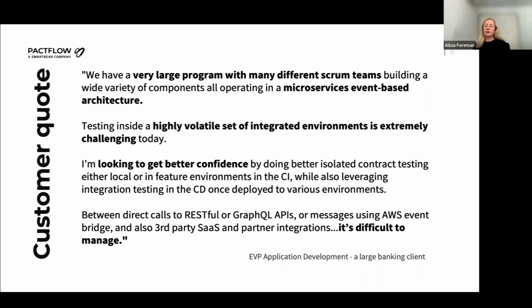From the outside, it's functioning really nicely for those end users, but on the inside, a little chaotic. To make that experience great for those end customers, this particular client has a really large program of many different, sprawling teams, all trying to build different components of their services through a microservices event-based architecture. No one's going to be surprised if I say that testing within this environment is really, really challenging.